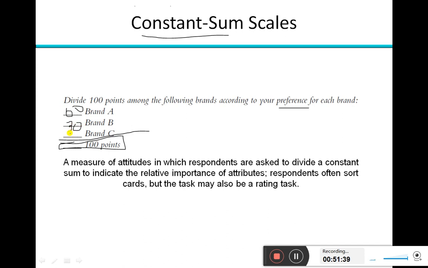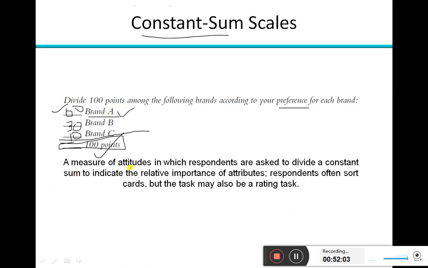And brand C, let's suppose you give 10 marks. Now 60, 30 and 10, total 100 marks. Now I know from these marks that brand A has more preference for the customer. Why? Because more marks are given by the customer to brand A. It means brand A is more valuable to the customer. It can be given to the quality as well.